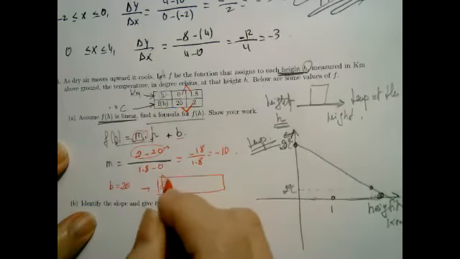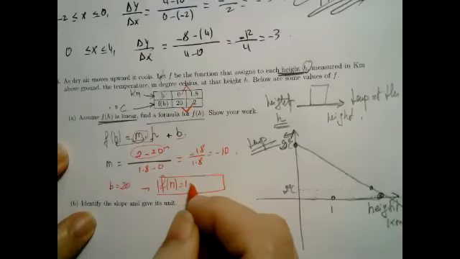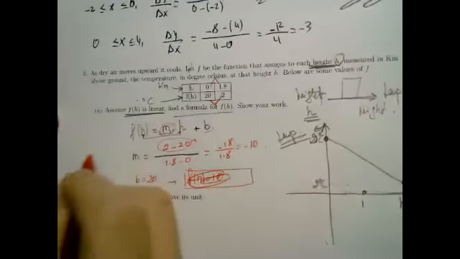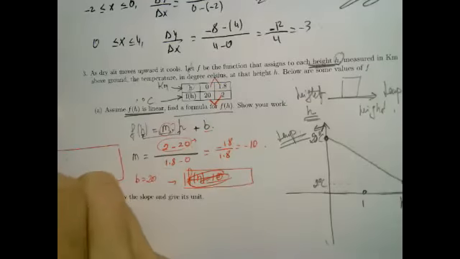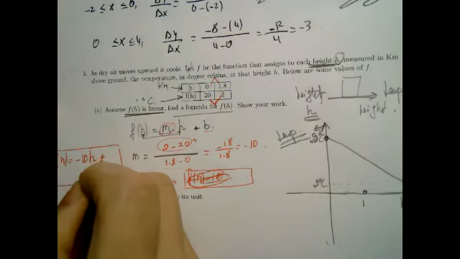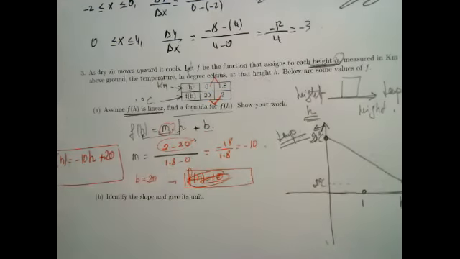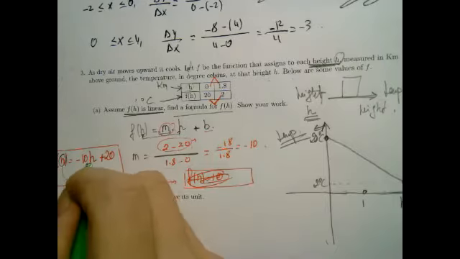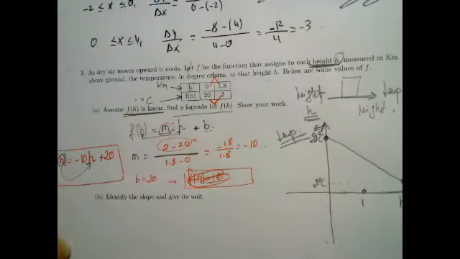And then f of h is minus 10h plus 20. It's not 10x. h is your input, that's your variable, that's your h.